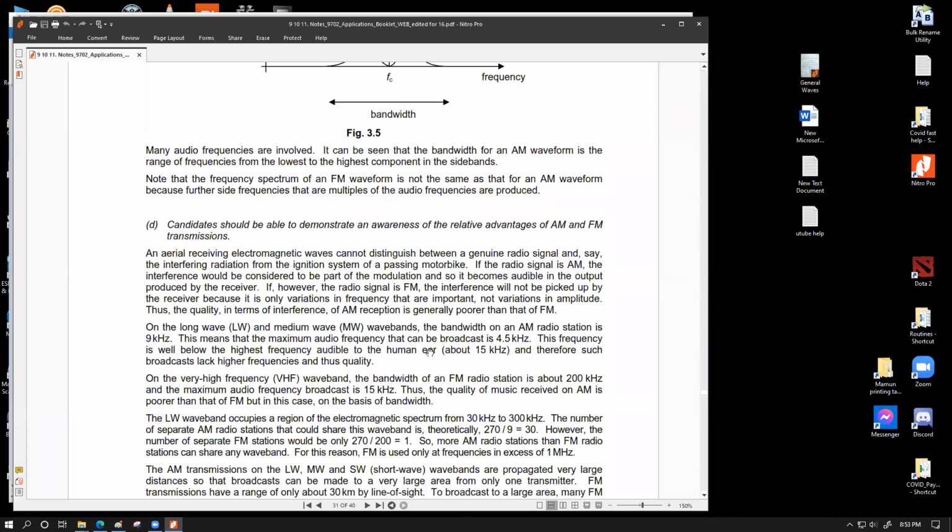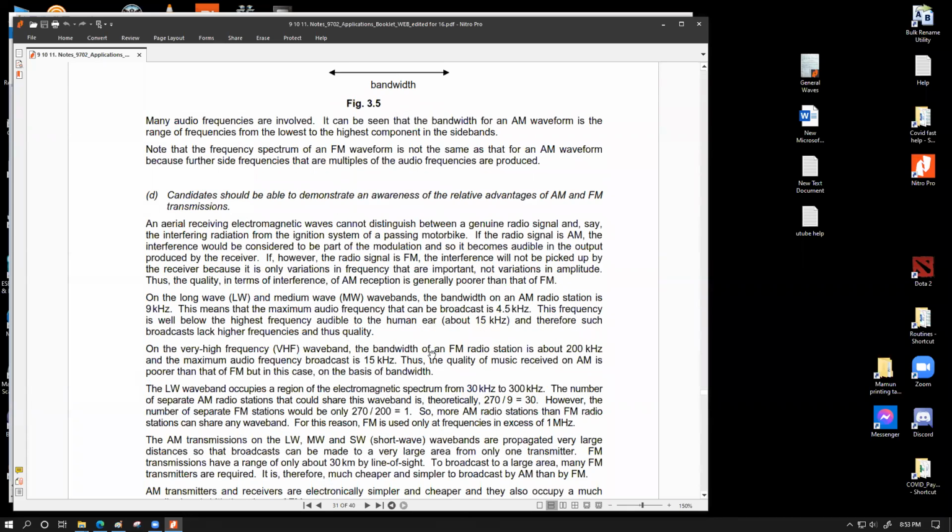So on the VHF wave band, if there is an FM stereo station which typically operates with a carrier wave signal of 200 kilohertz, it has a maximum audio frequency of 15 kilohertz. The quality of the music received on AM is poorer than that of FM, in this case on the basis of bandwidth.